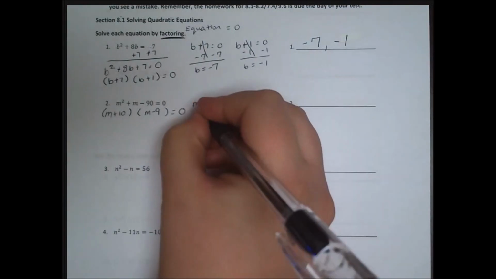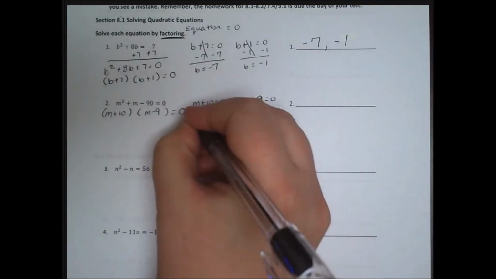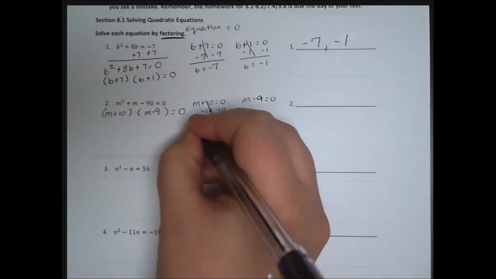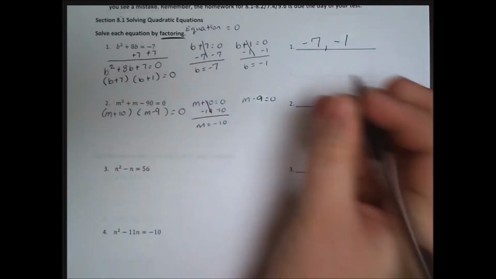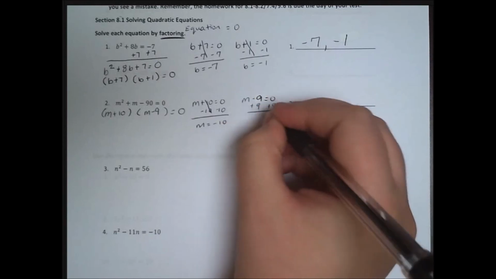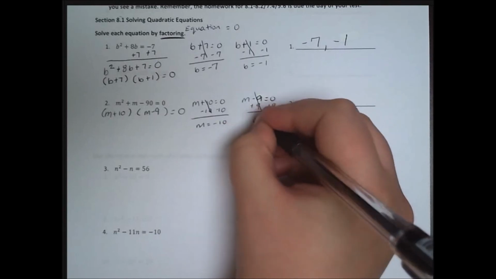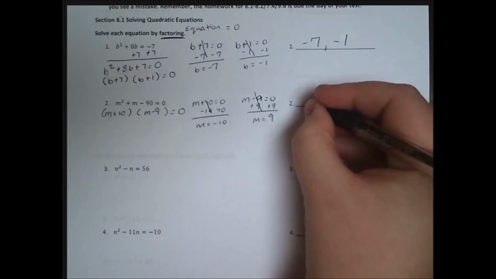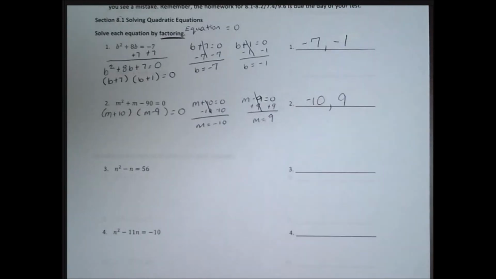So you would subtract 10 from both sides here to get m equals -10. You would add 9 to both sides here to get m equals 9. So -10, positive 9. Those are our answers here.